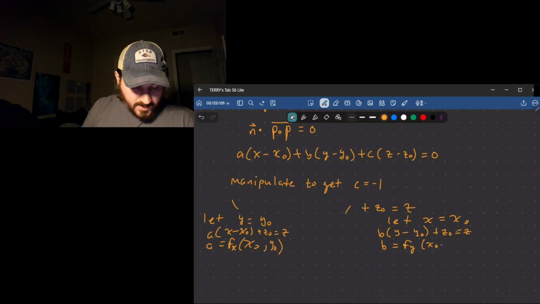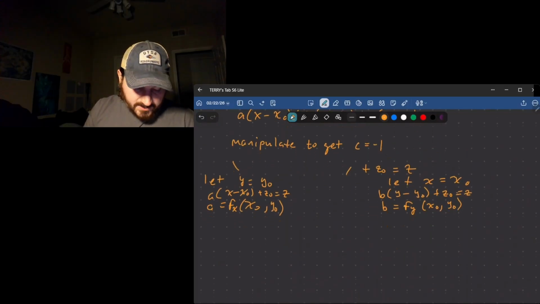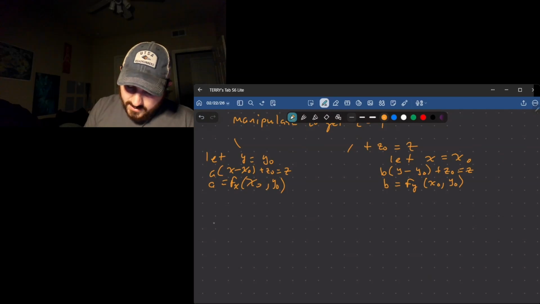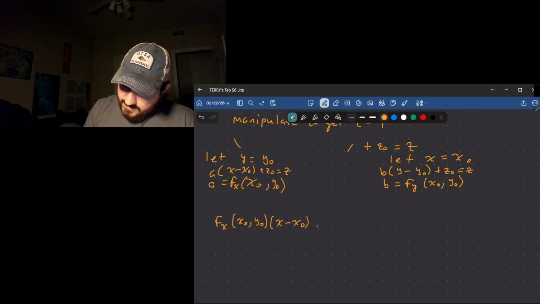Okay, now if we plug all of that back into our original formula, we're going to get something kind of like this. We have f partial of x, where we're plugging in x sub 0 and y sub 0, and that's going to be multiplied by x minus x sub 0. And then we're going to add that to the partial of y, plugging in our initial point.